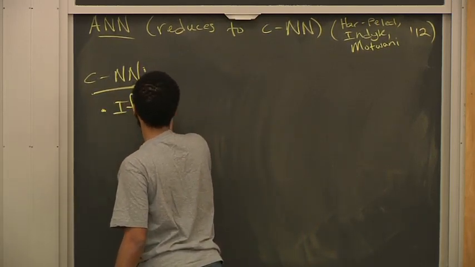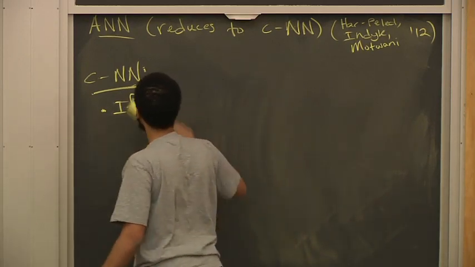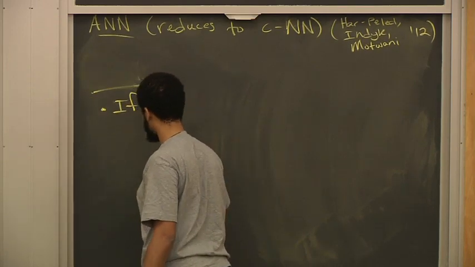Okay, this reduction. And what is c near neighbor? Let's call it actually cr near neighbor.